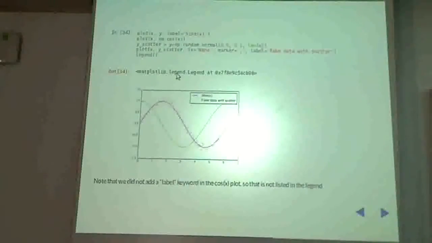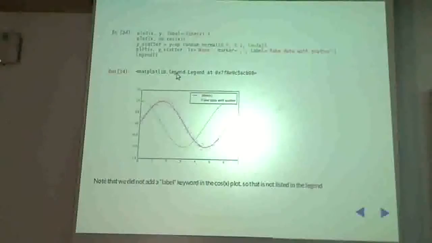Note that here we have not given a label to the cosine curve, and therefore that has not appeared in the legend. So only objects for which you give an explicit legend label will appear in the legend. This is the automatic way of doing things.